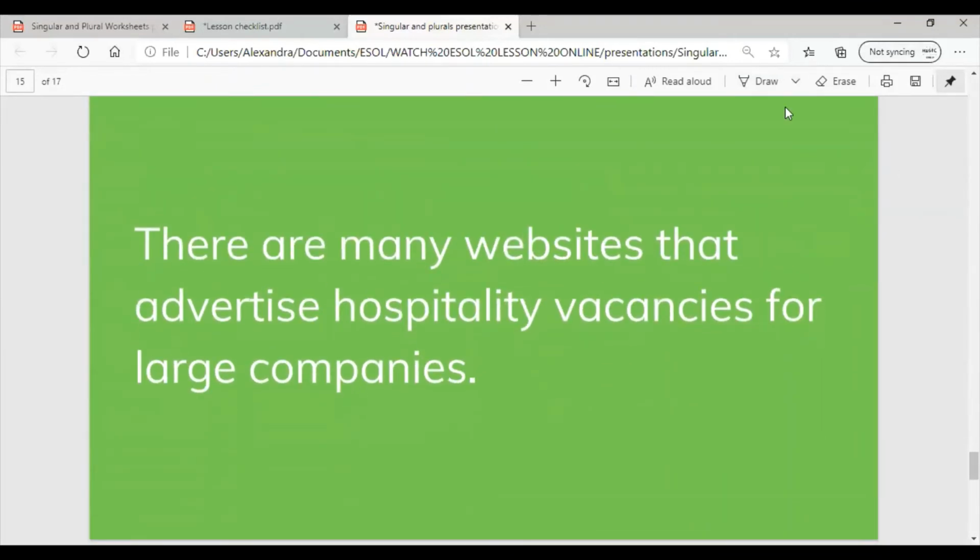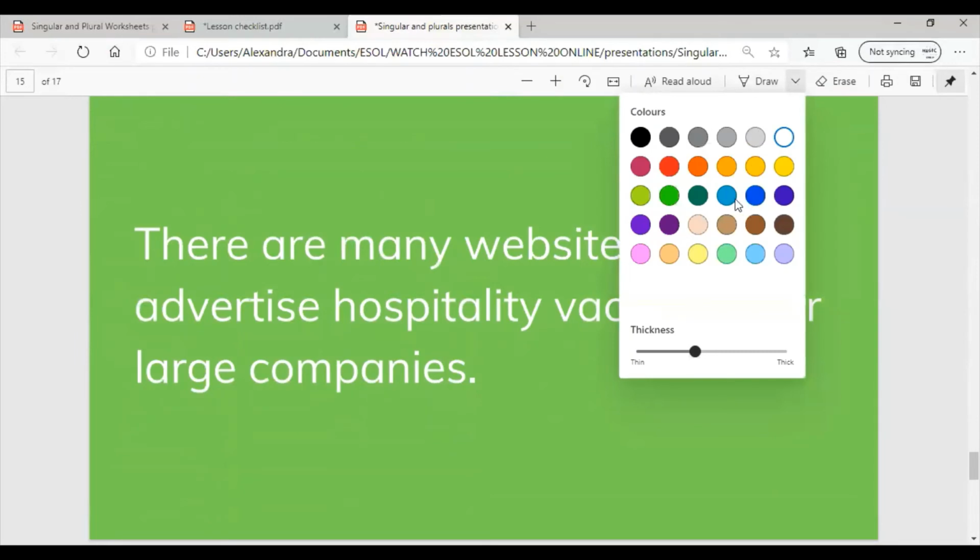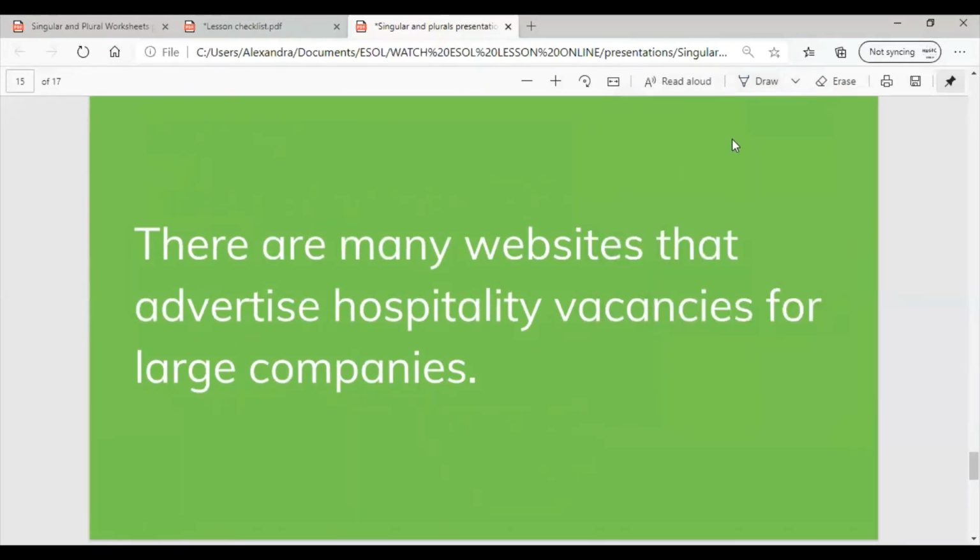Okay, now we're going to look at plurals in a sentence. We're going to read through the sentence like we always do, and first we're going to find nouns. So what's our sentence? There are many websites that advertise hospitality vacancies for large companies. Okay, so our nouns are our person, our place, our things, our animals.